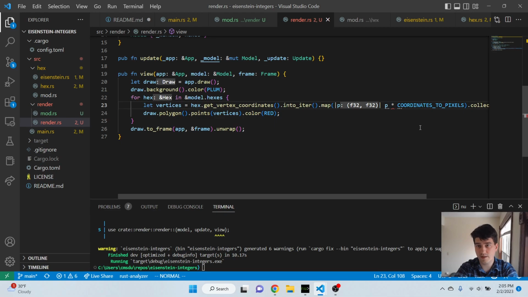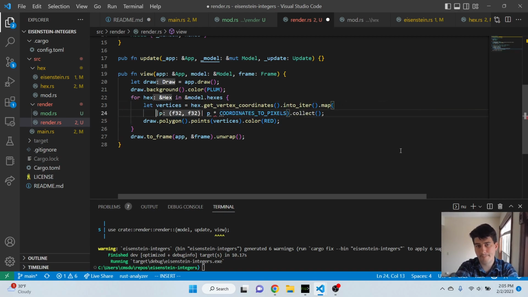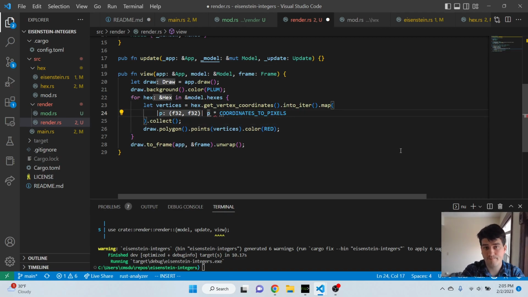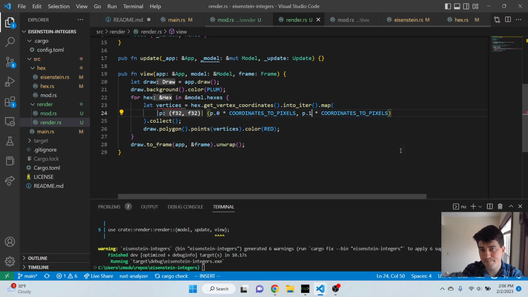Can't multiply. Sure. And it's going to be p dot 0 and p dot 1.